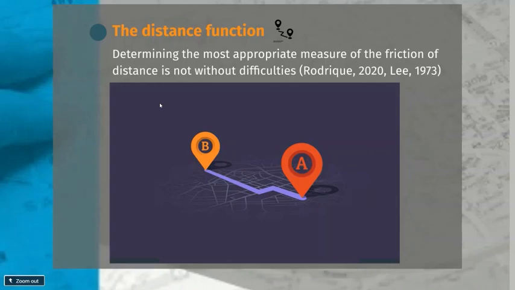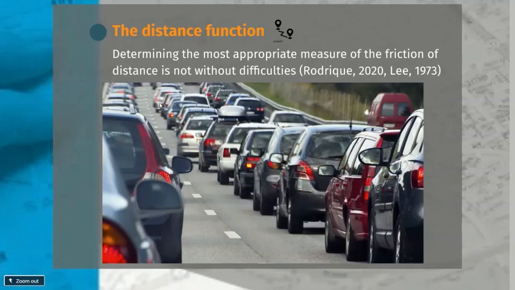That is, to determine the most appropriate measure of the friction of distance is very difficult. The distance between town A and town B may be just 1 kilometer, but in the real world, this is how the road may look. So a distance of 1 kilometer may take about an hour to complete because of heavy traffic congestion.